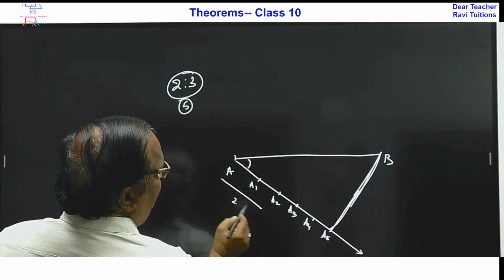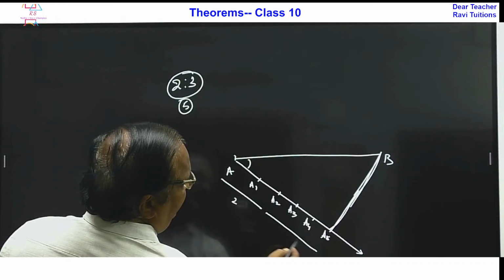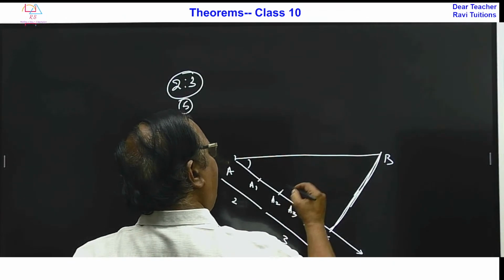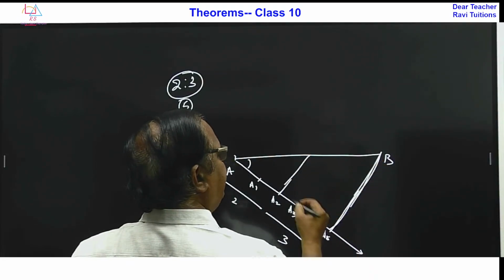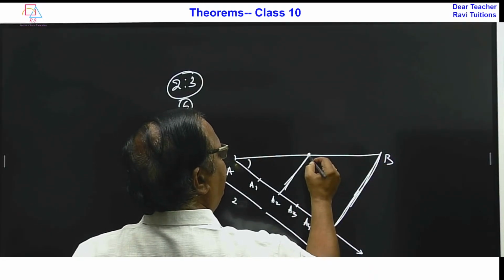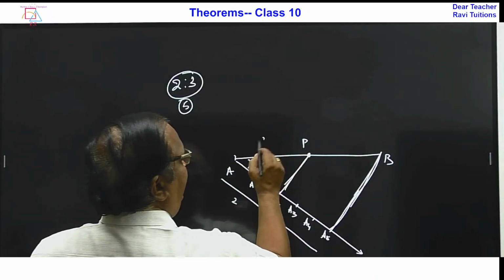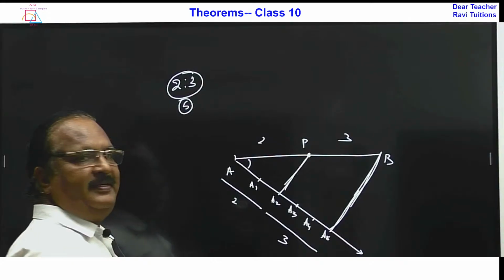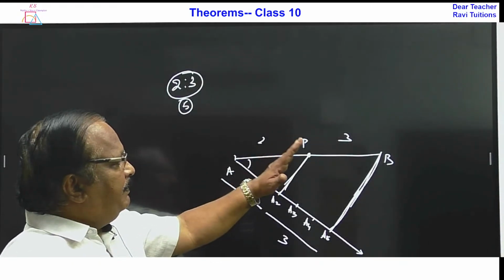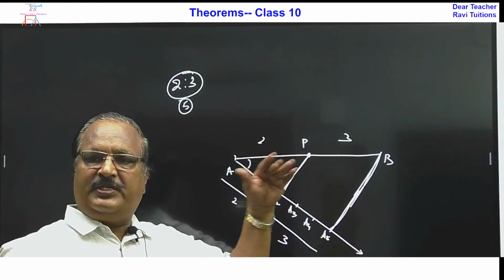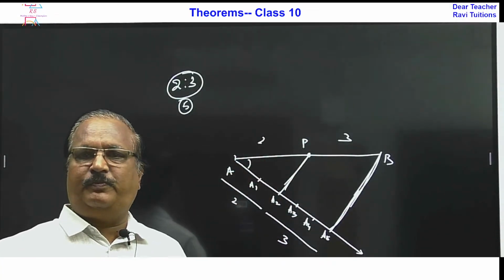This is 2 and this is 3. 2 by 3. So then you draw a parallel line to BA5 which intersects AB at P, and if this is 2 by 3 and this is also 2 by 3, because the parallel line to a side divides the other two sides in the same ratio.